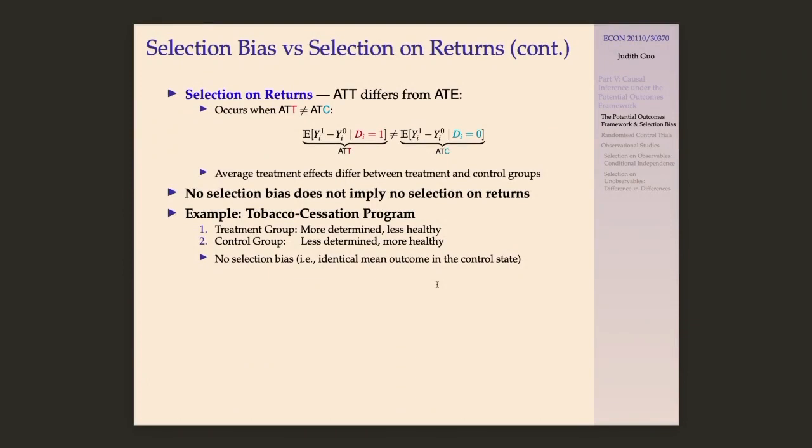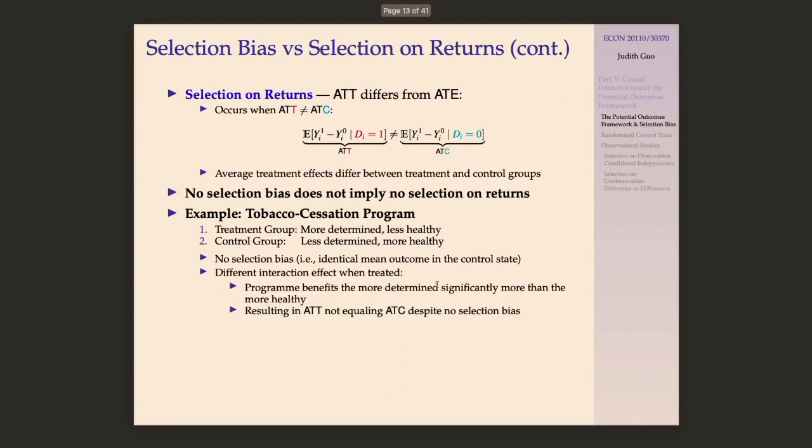Now, we can still have the ATT being different from ATE because the treated state outcomes are different. How? Imagine there are different interaction effects between the treatment and the characteristics. Suppose the program benefits those who are more determined significantly more than those who are more healthy. Then the program would benefit the more determined group more.